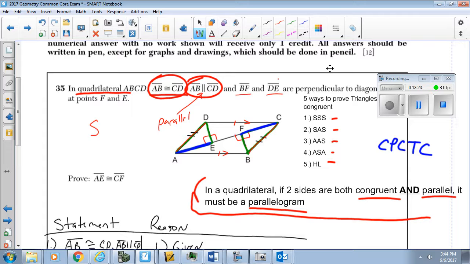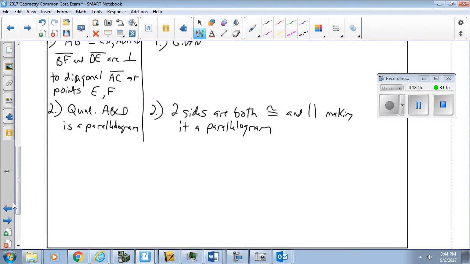We don't have an angle yet. We do have an angle, but we have to say that we have it. We have this angle and this angle, angle CFB and DEA. I'm going to name them angle 1 and angle 2.